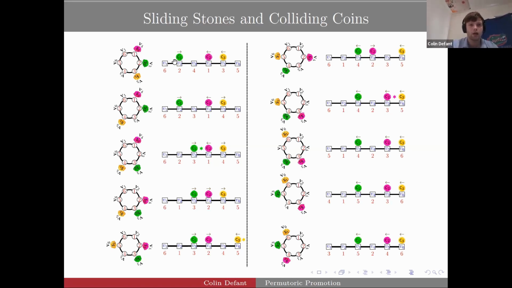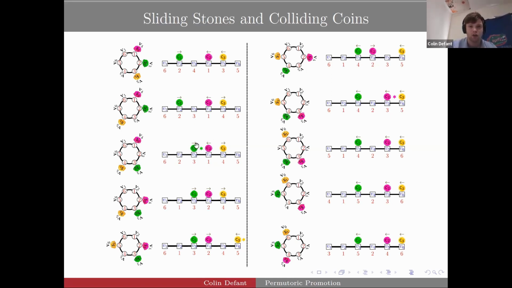And in this step, well, the gold stone carried the V5 along with it, so the coins actually didn't move. But in this second step here, when the green stone slides from underneath the V2 to underneath the V3, that means that the green coin is supposed to move from the V2 to the V3. So the green coin moves over one step, and when it does, it collides with this pink coin here.